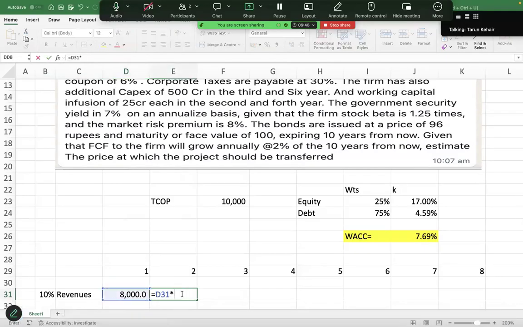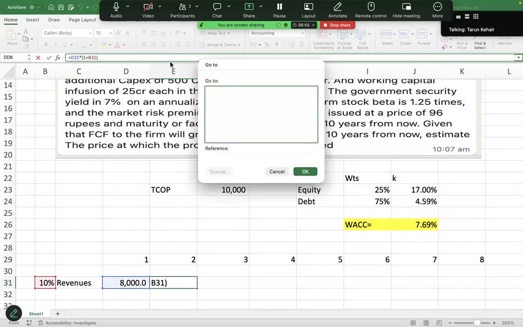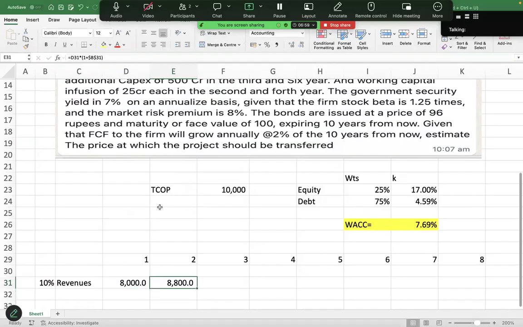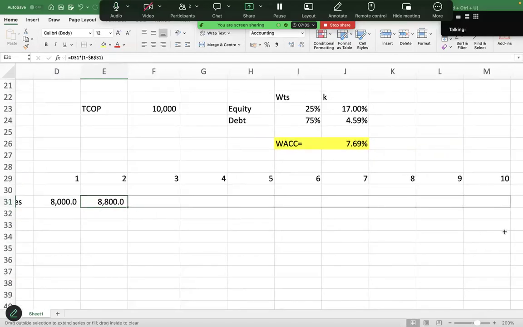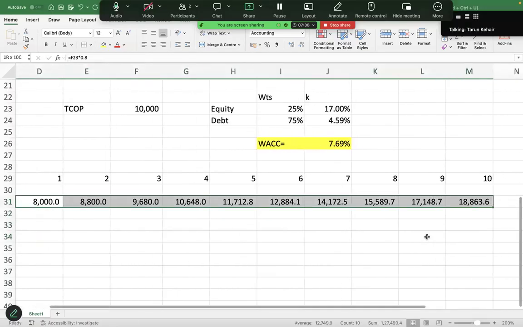That's what is given, no? So ये 10% है. तो ये हो गए आपके रेवेन्यूज.